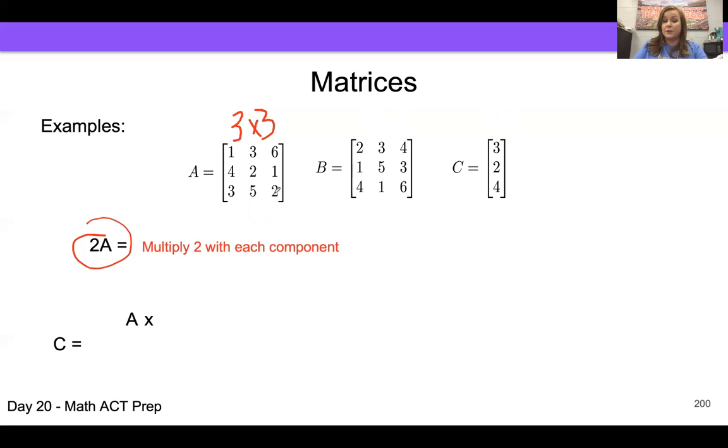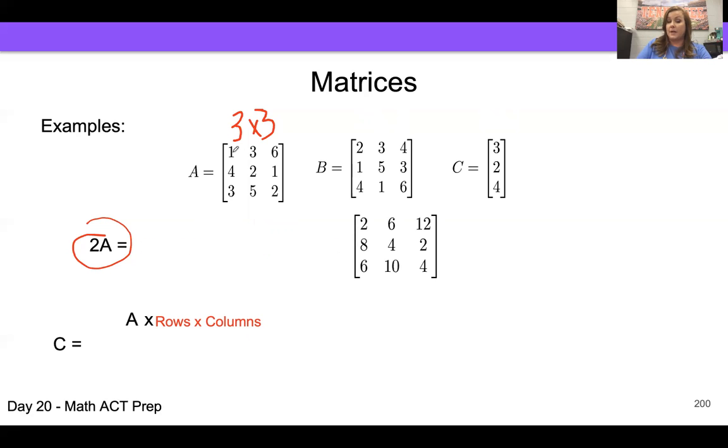There's 9 numbers there. You leave them as it is, and you multiply each one by 2. So 1 times 2 is 2. 3 times 2 is 6. 6 times 2 is 12. 4 times 2, and so on. So when that constant's out front, that's easy. Just go through here and multiply everything by 2.